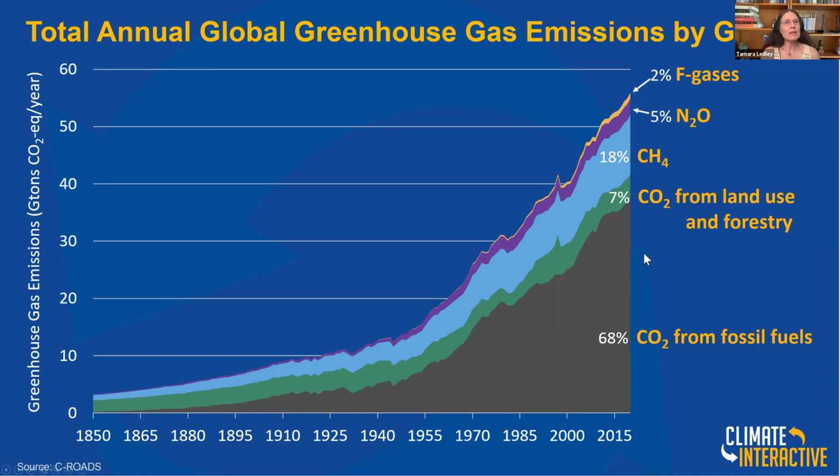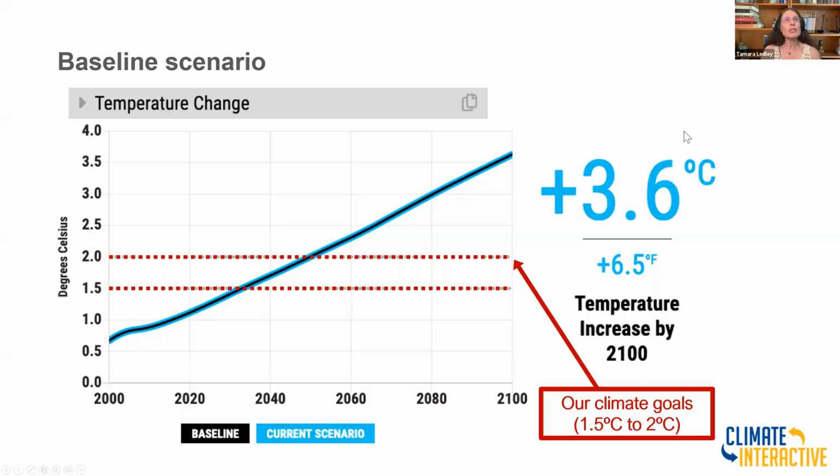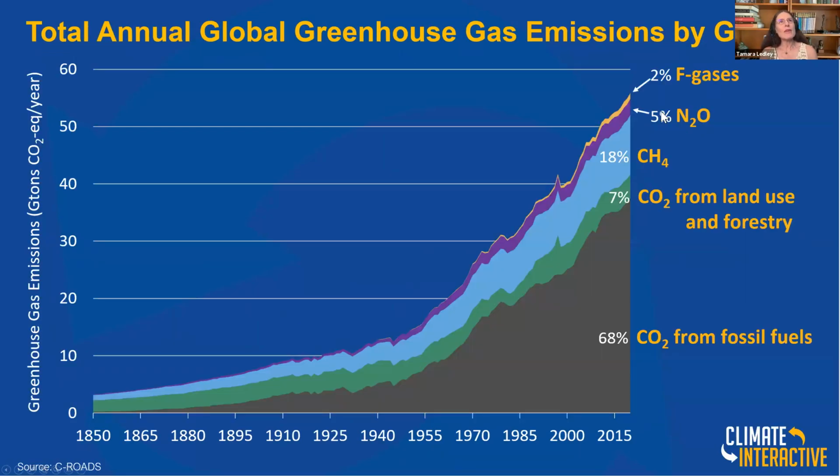So you can see here that from the previous graph, the carbon dioxide from fossil fuels is about 68% of the total emissions of greenhouse gases. 7% came from land use and forestry. Methane, a lot of which has come from agriculture and from industrial productions, is 18%. And nitrous oxide, which also comes from agriculture and industry productions, is 5%.